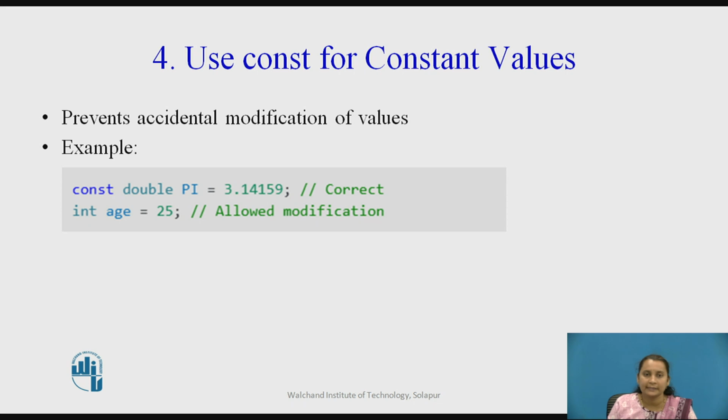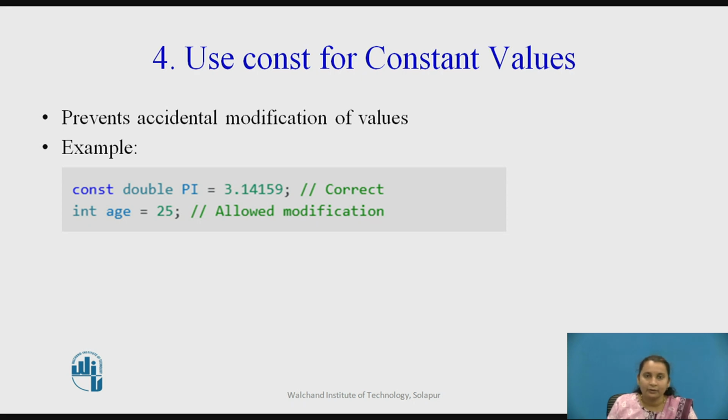You can see here there is pi. We know that pi's value is always the same. So when we declare it as a constant, and further by mistake we try to change it, that is not allowed, because we have already declared it as a constant.